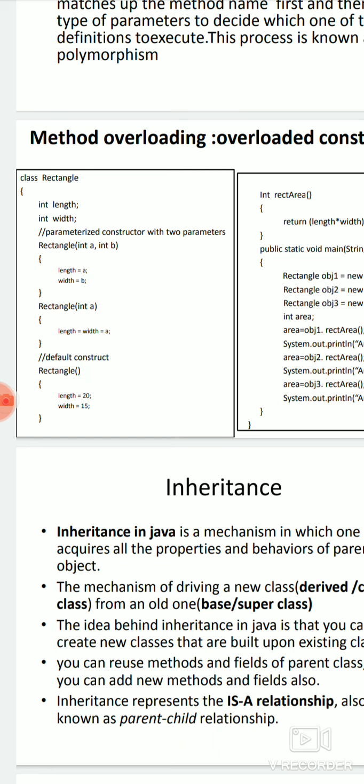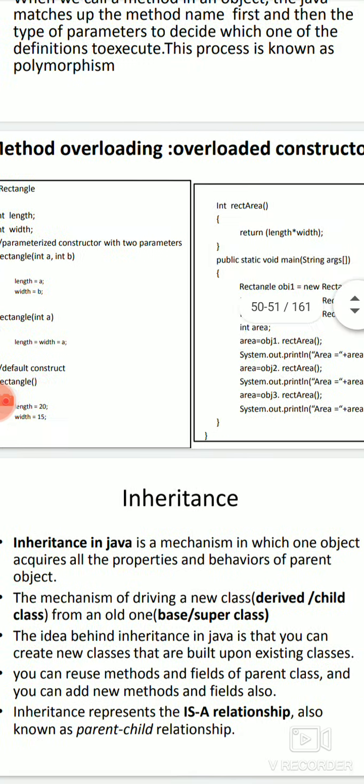So please remember we have three constructors here. The first constructor has two parameters, the second has only one parameter, and the last does not have a parameter, hence it is known as the default constructor.